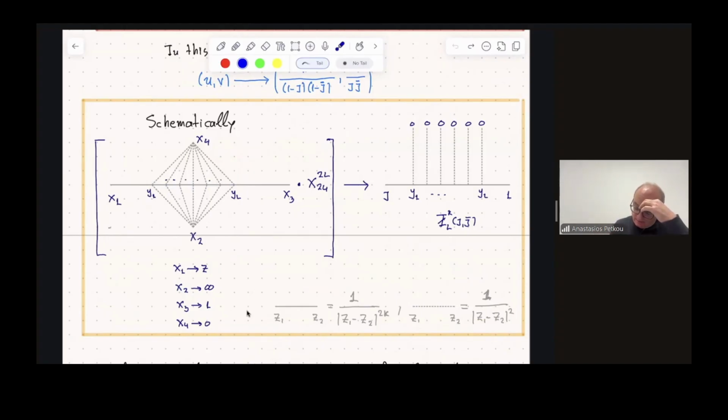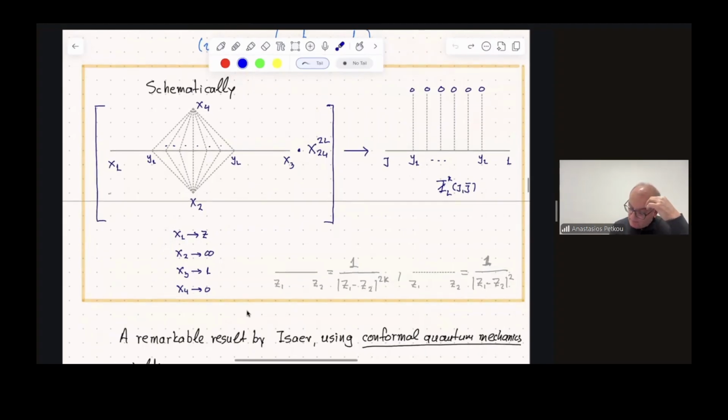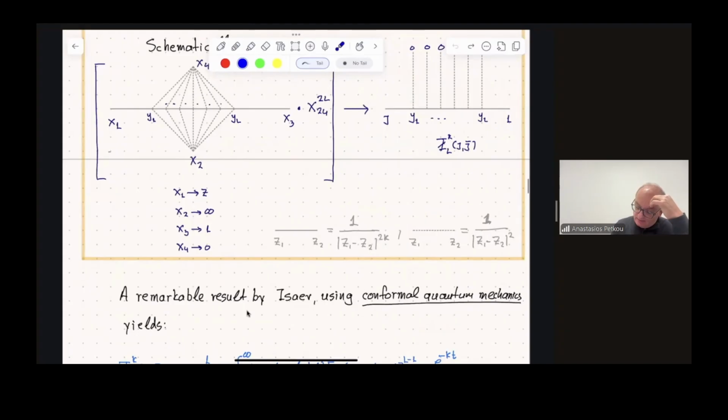And then if I multiply this by x4 to the power 2l and I take this limit here, the integrals become like 3-point functions, z, 1, and 0 here with L lines. And the propagators here, and here is now the interesting thing, the solid lines are like that, 2k.